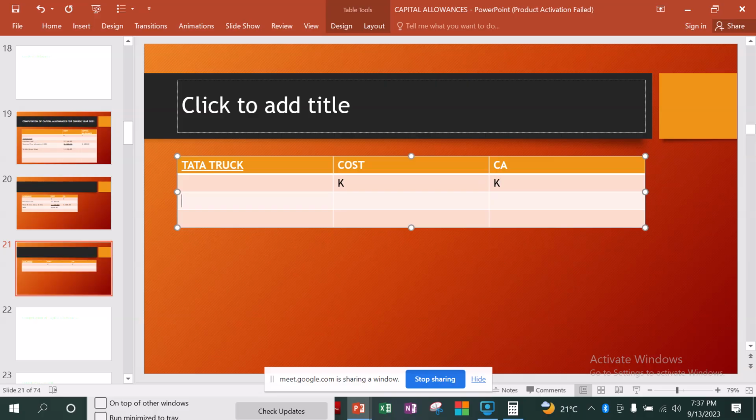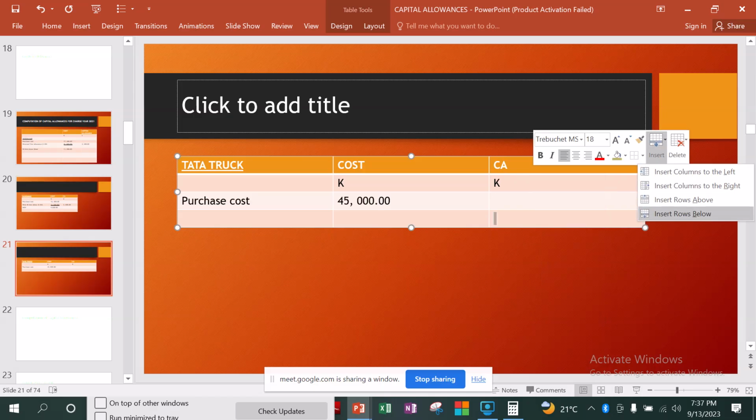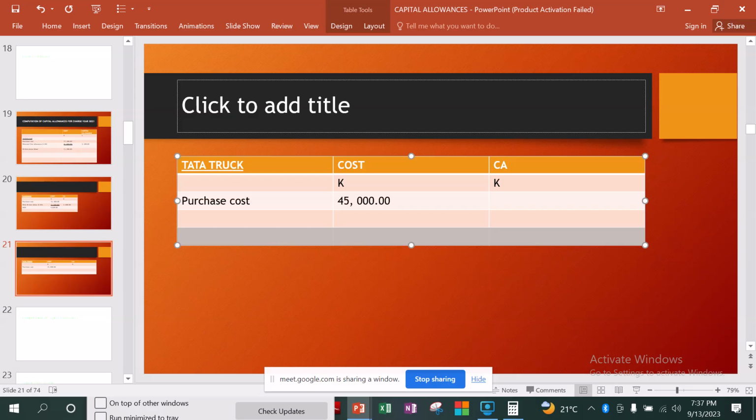So we start with purchase cost, that is what we bought the asset at. The Tata truck is 45,000. We also remove the wear and tear allowance.